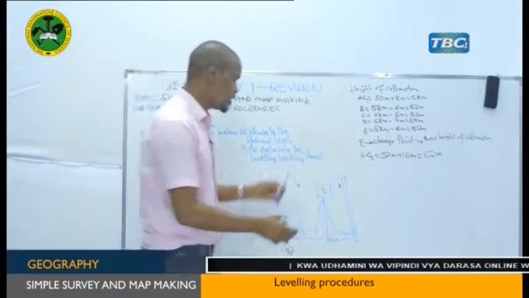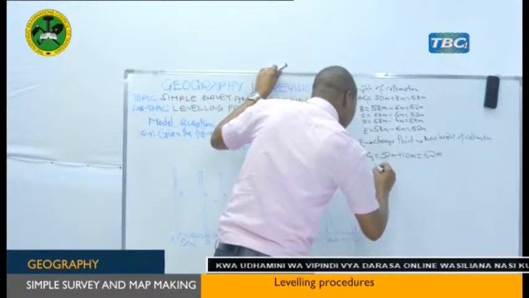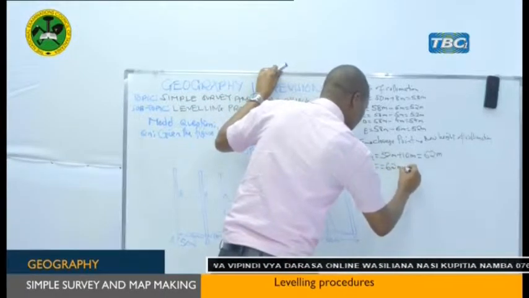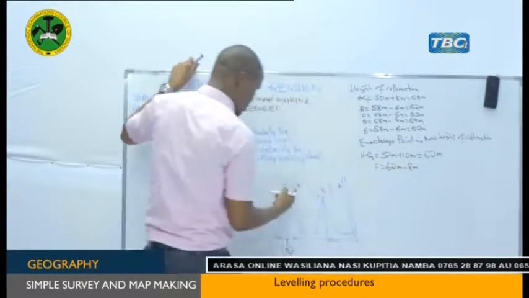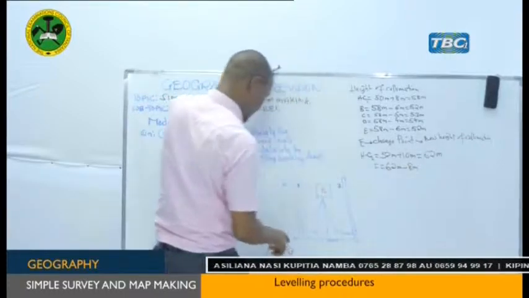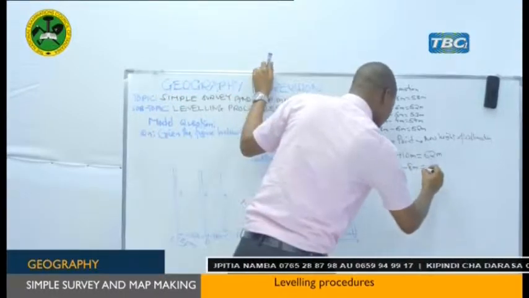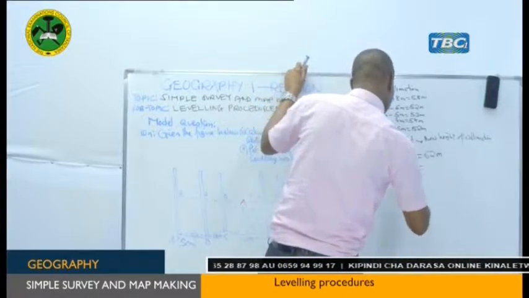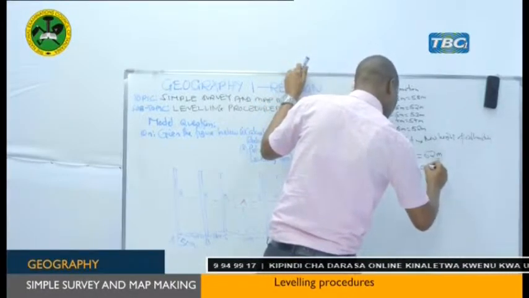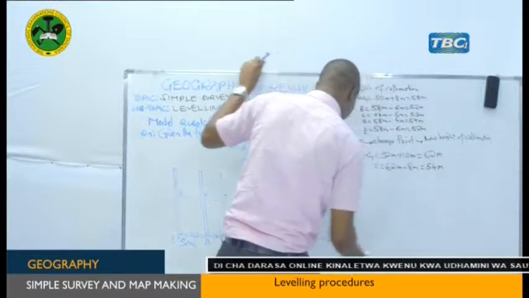Are we together? Then it means point F: 62 meters minus 8 meters. 62 minus 8 means you will get 54 meters.